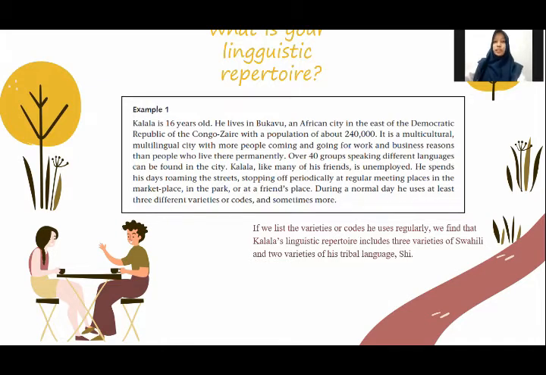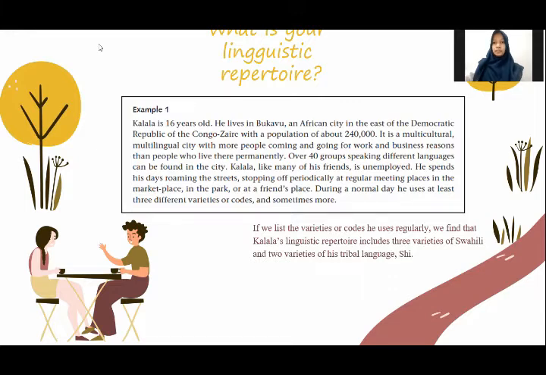As we can see in the table, example 1, if we list the varieties or codes he used regularly, we find that Kalala's linguistic repertoire includes 3 varieties of Swahili: standard Zairan, local Swahili, or Kingwana, and Indobil, and 2 varieties of his tribal language, Shi, a formal and an informal or casual style.